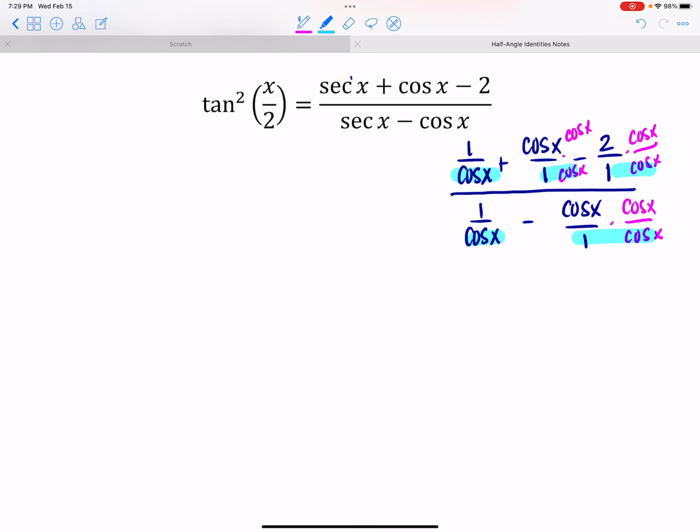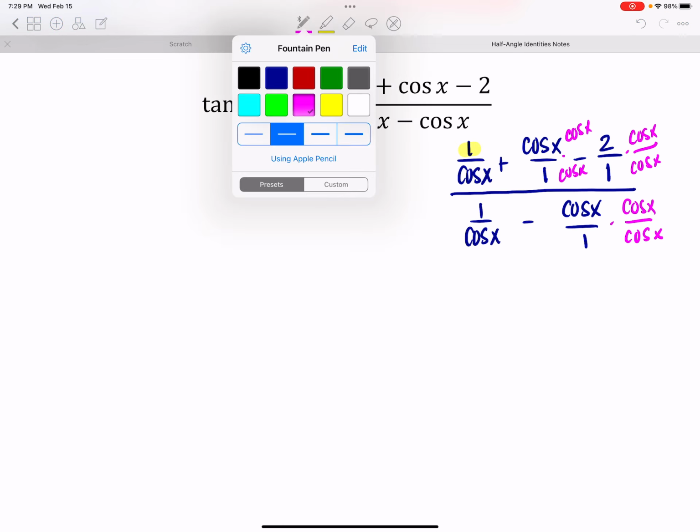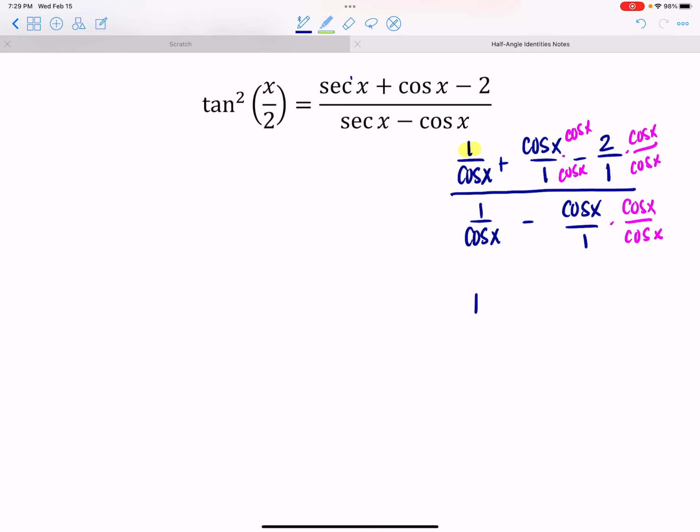So now that all those denominators are the same, I can sort of ignore them and focus on what I have in my numerators, which is a 1. So I'm going to bring that down. And then it's a cosine times cosine, which is a positive cosine squared. And then it's here, minus 2 times cosine of x.